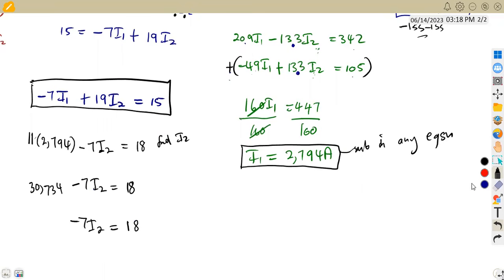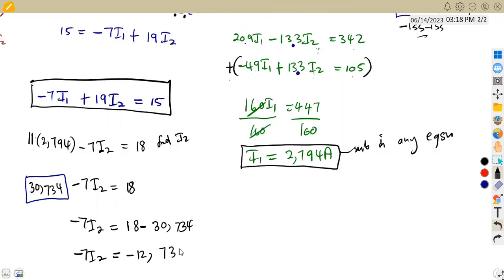Then we can transpose this part because we want to remain with I2. If we transpose it, it will be a negative on the other side if it was a positive. So this is going to be negative 30.734, which you are just doing on your calculator. These other steps, there is no need for you to show them. 18 minus 30.734 is going to give us negative 12.734.